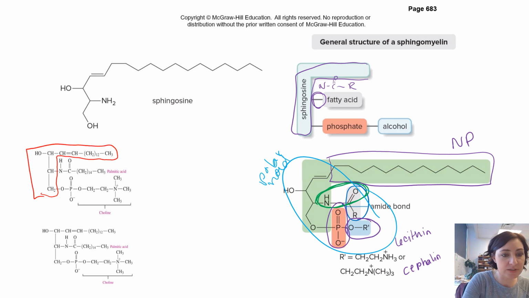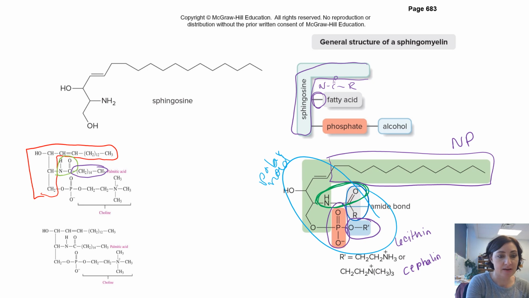All right, so looking at an actual structure, I am going to identify right here my sphingosine backbone. Notice that we don't have any ester bonds in there. There's no ester holding one chain to the other. Here is my amide bond. Having that amide bond coming off the second carbon down of your sphingosine backbone should be a telltale. There's my nonpolar tail.